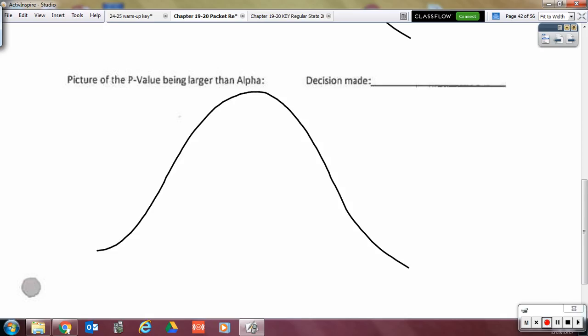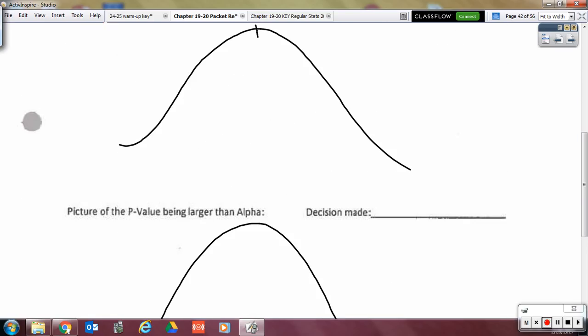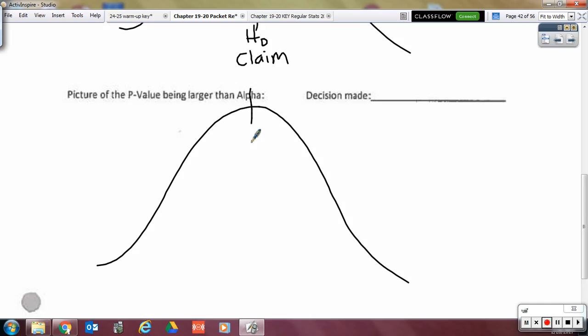So the first thing that we're going to take a look at is let's go ahead and draw a rejection region in there. Actually, our null hypothesis is our claim, and that's right there in the center. Our null hypothesis is our claim, like if the M&M's company claims there's 20% blue M&M's.